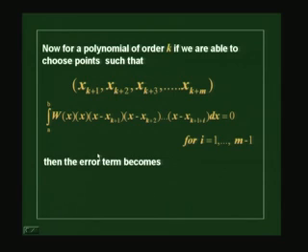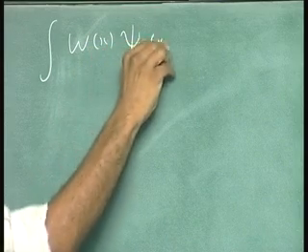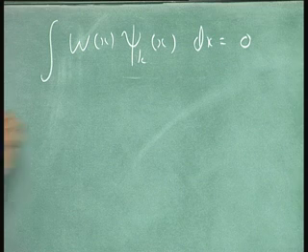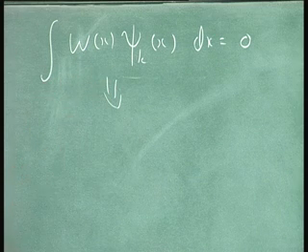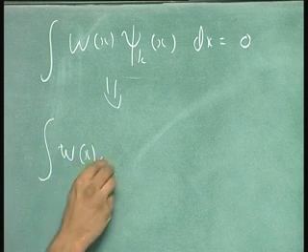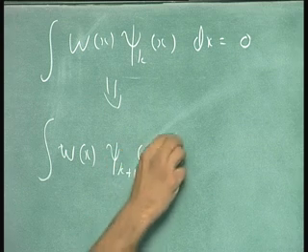So now we choose this function such that the integral of w of x psi k of x dx equals 0. That led to our choosing a new point k plus 1, and then evaluating the error as the integral of w of x psi k plus 1 of x dx.